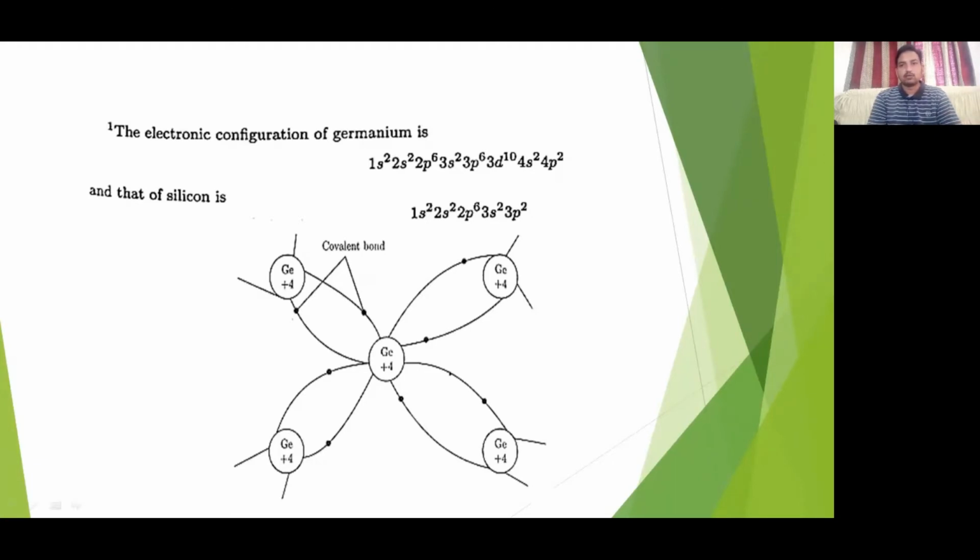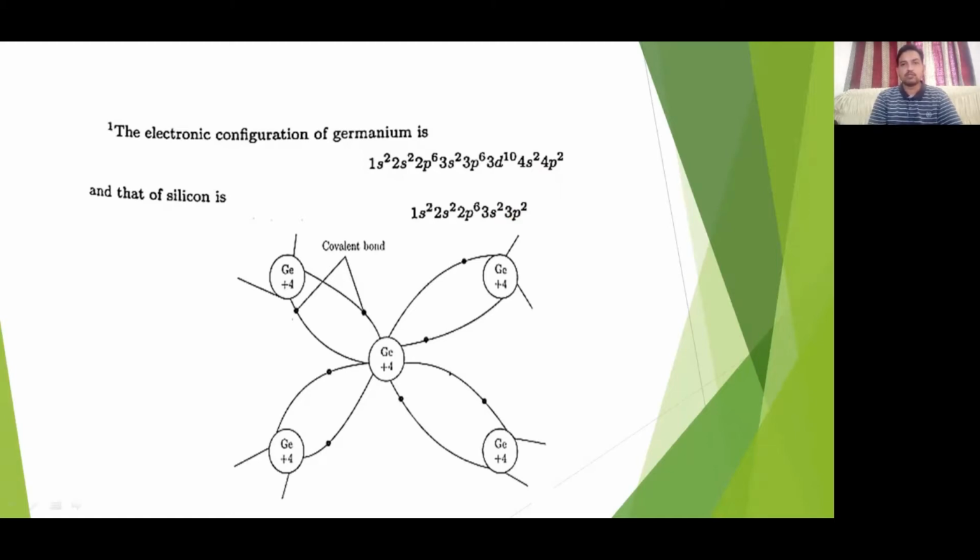In both cases, you see that the outermost fourth shell of germanium has 2 electrons in the s state and 2 electrons in the p state. To complete its octet, it needs 4 electrons. Similarly, in silicon there are 2 electrons in 3s and 2 electrons in 3p. So to complete its p suborbital, it requires 4 more electrons.